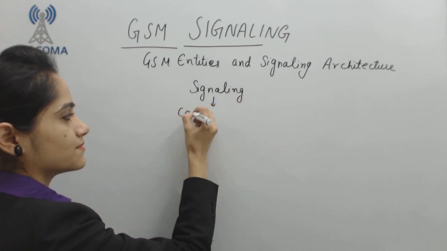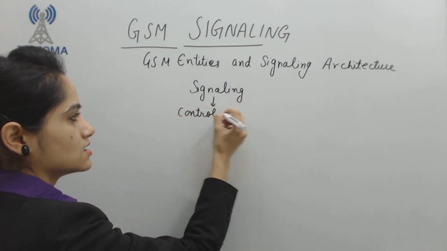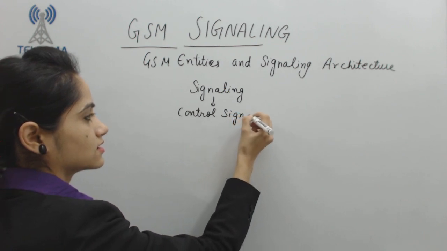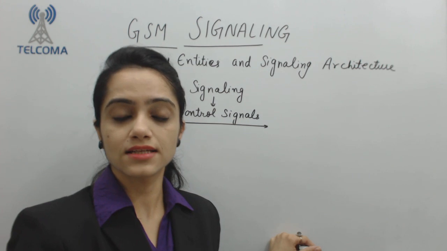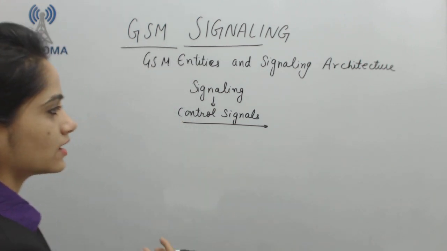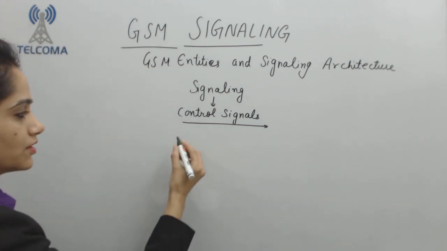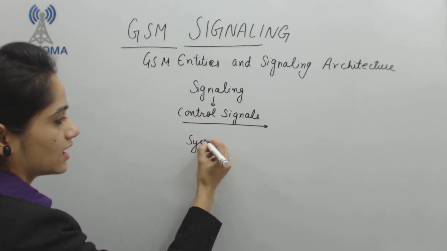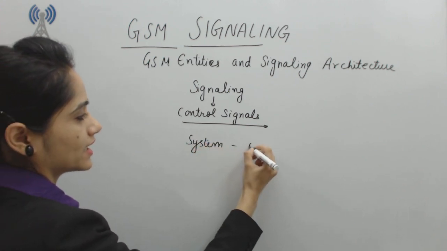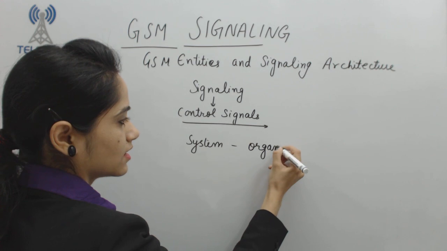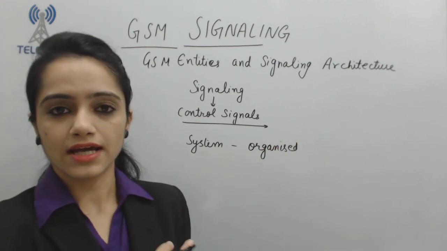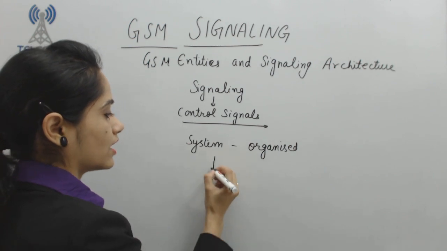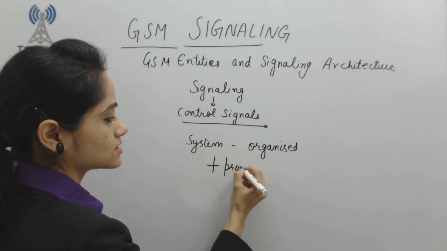Signaling is about control signals, and the flow of control signals is known as the signaling process. Now, what are control signals? I want my system to be organized, and in order to make a system organized, I want to add some protocols to it.